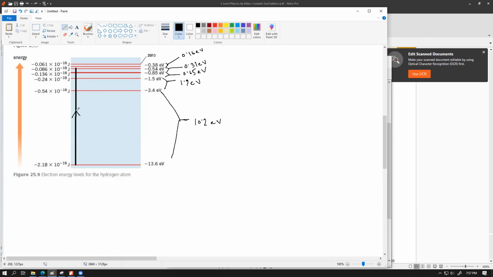How much energy would be required by the electron to make this jump possible? You can simply add up the energy gaps in between. So we add up four numbers: 10.2 plus 1.9 plus 0.65 plus 0.31. If we add these numbers, I seriously need to get my calculator.